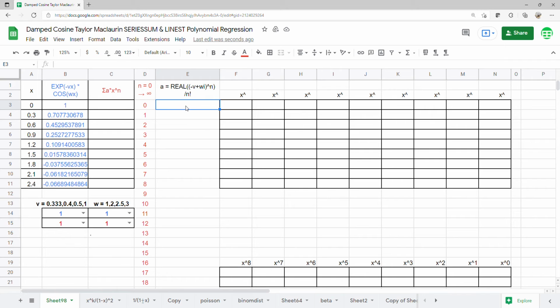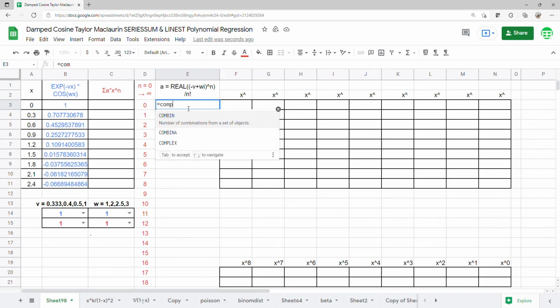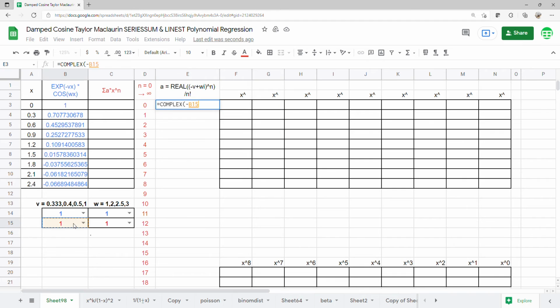So this will be starting with minus v plus wi. So minus complex minus v, comma, w. That's minus v plus wi.